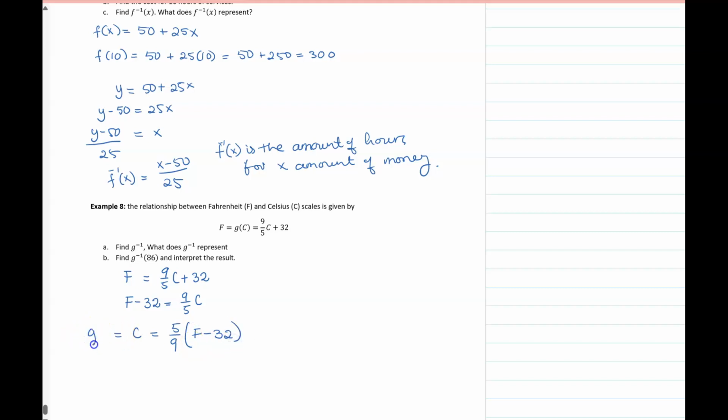So this is the g inverse. So g inverse is the equivalent temperature in Celsius. Okay, so g inverse of 86 is equal to 30 degrees in Celsius.